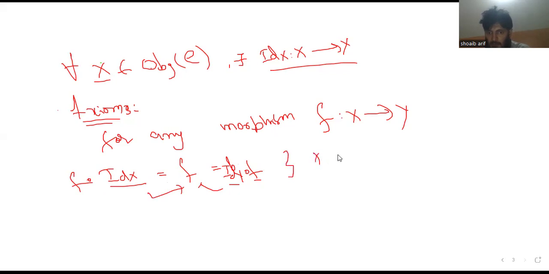Here ID on X is a morphism from X to X, and f is a morphism from X to Y.